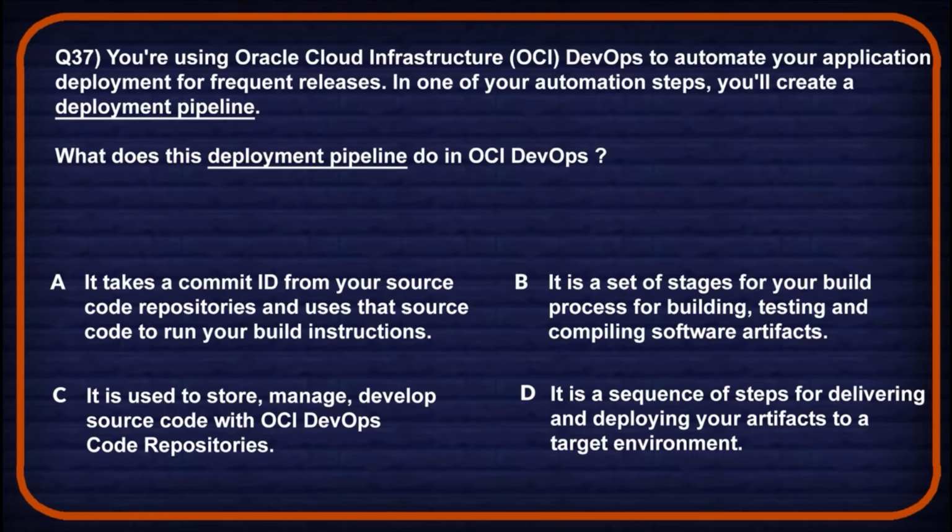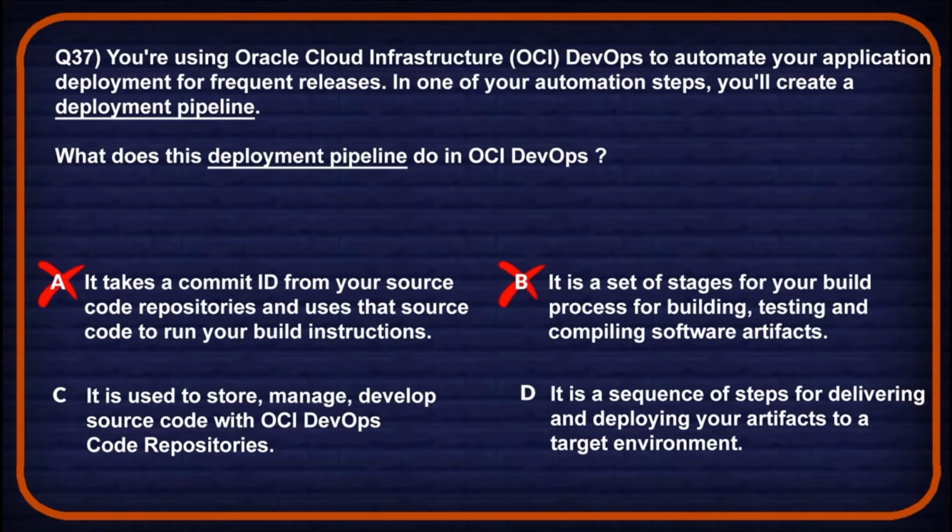Moving on to option B. It is a set of stages for your build process for building, testing and compiling software artifacts. A build pipeline handles stages for compiling and testing code, not for deployment artifacts. So option B, again a wrong choice. Moving on to option C. It is used to store, manage and develop source code with OCI DevOps code repositories.